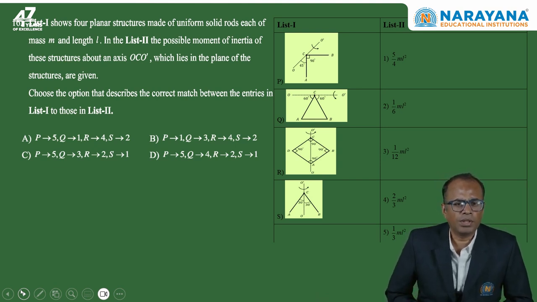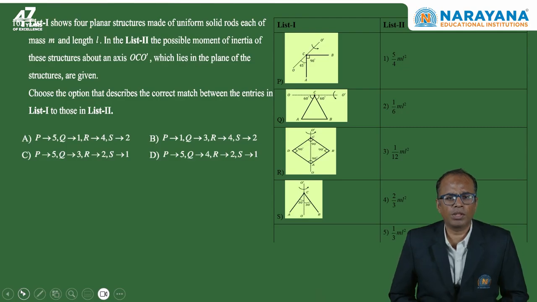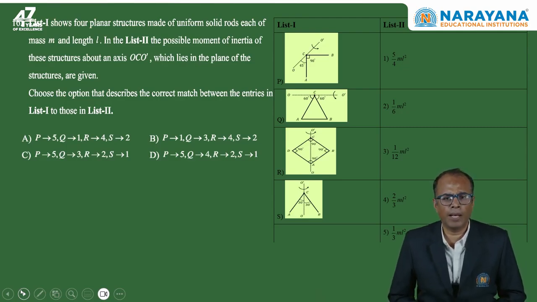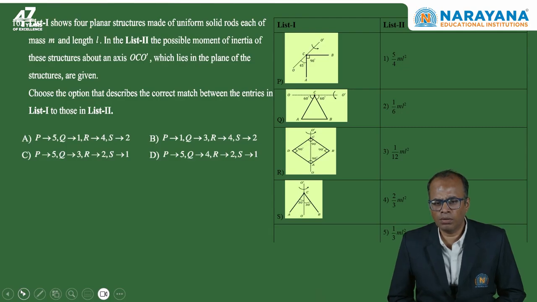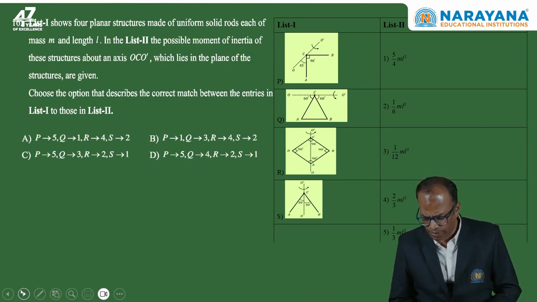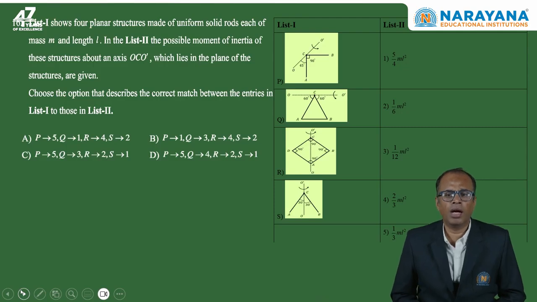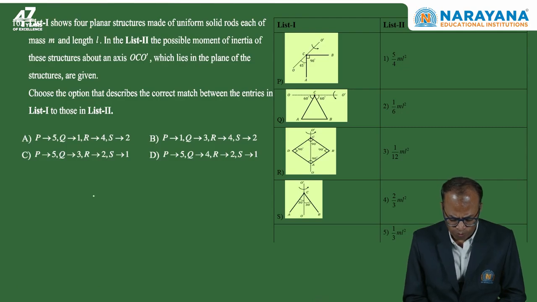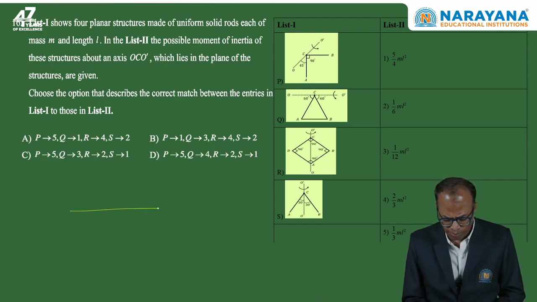So the final question: List 1 shows four planar structures made of uniform solid rods, each of mass m and length L. All four cases have rods of length L and mass m. We are giving some tilted axes and we want to find the moment of inertia.